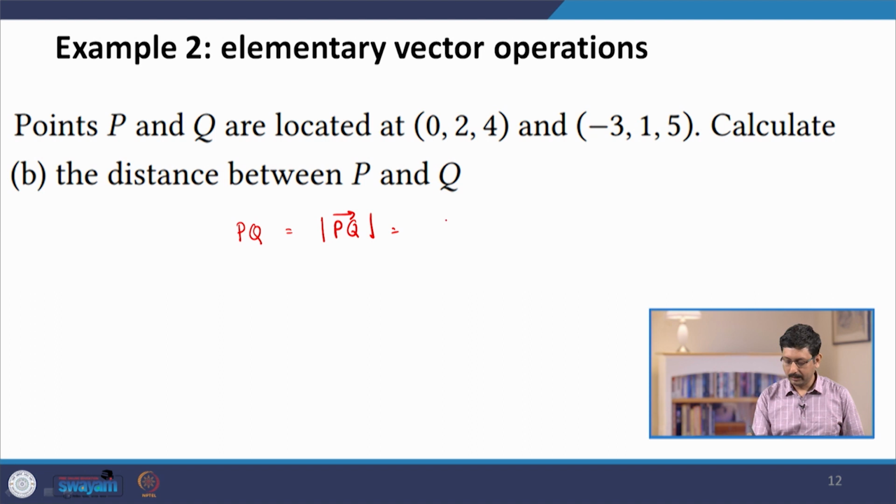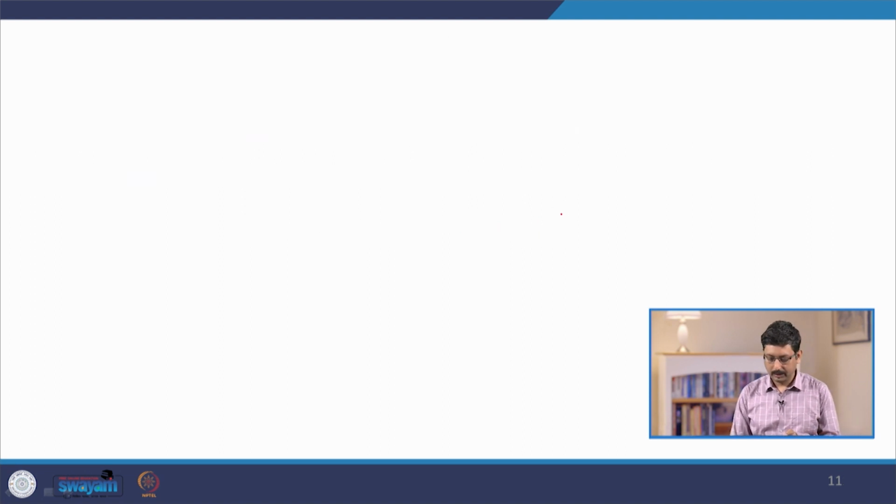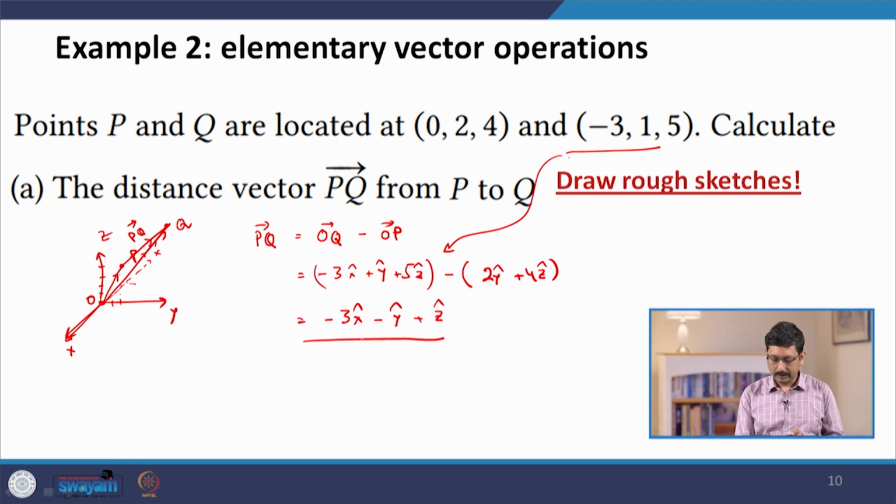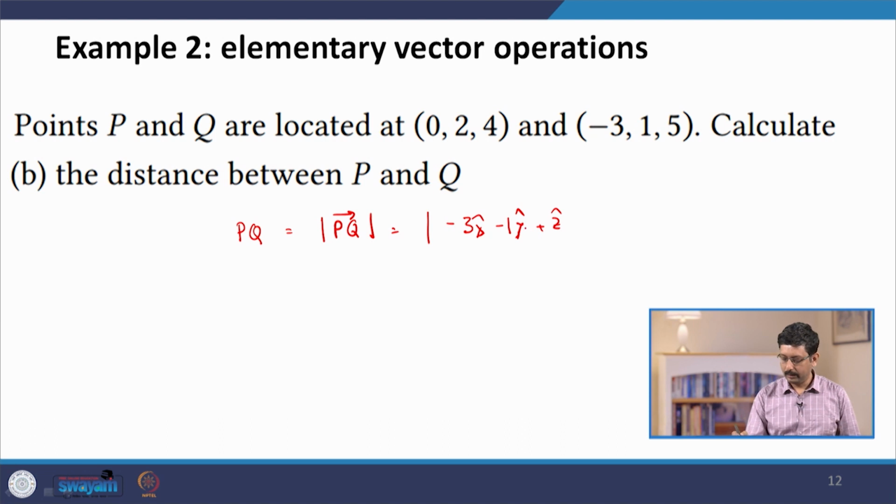So, this is magnitude of minus 3 x hat minus y hat plus z hat. Let me check it. So, minus 3 x hat minus y hat plus z hat.